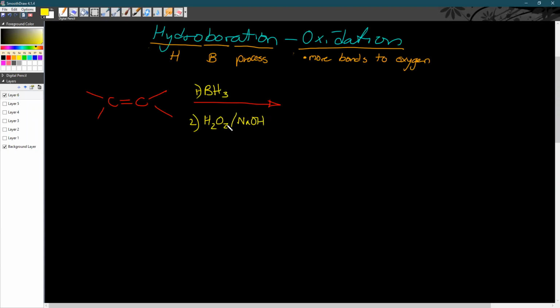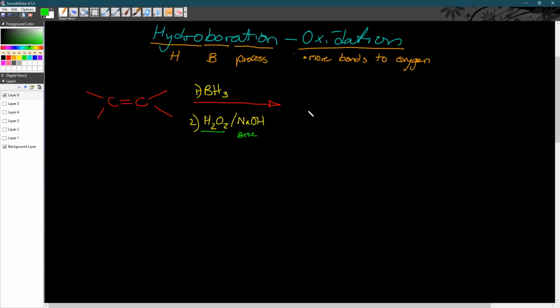Now you might see other reactants depending on your teacher or where you look. You might see an acid, you might see a different kind of base. It does not matter as long as you have hydrogen peroxide and you have sodium hydroxide or some sort of base. Okay, this will stay the same, but the base might change. Sometimes people add water to the step. It doesn't really matter, but you need to have these two things.